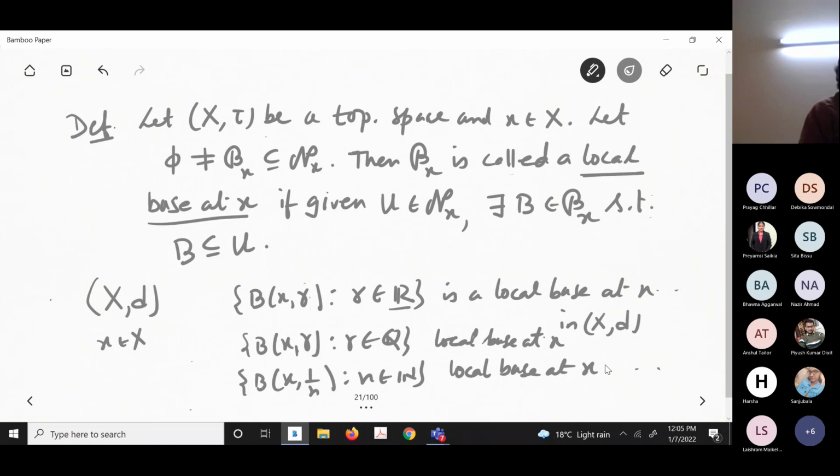You should always try to have a local base which is very convenient for you to use. In a metric space, the 1/n one is very useful because it gives a sequence.